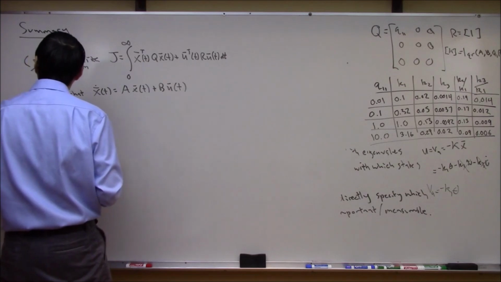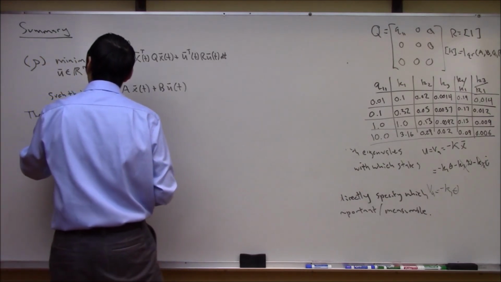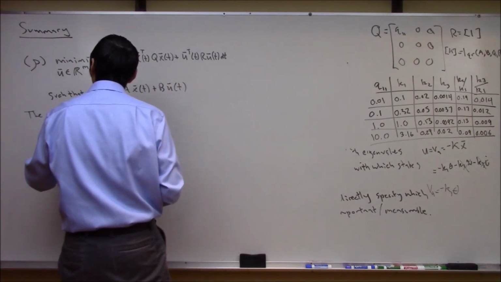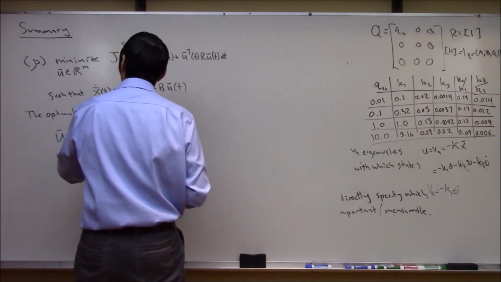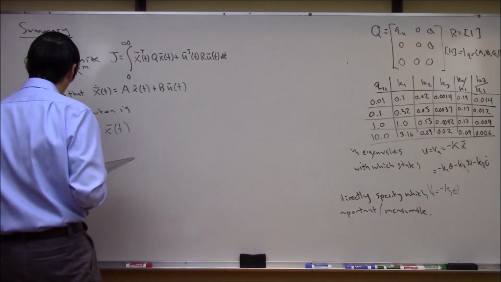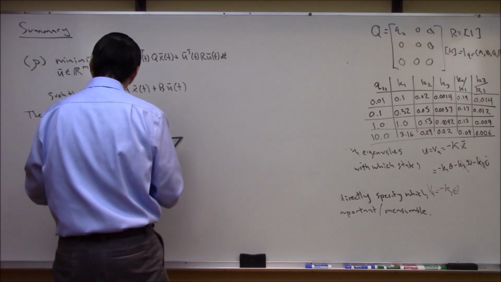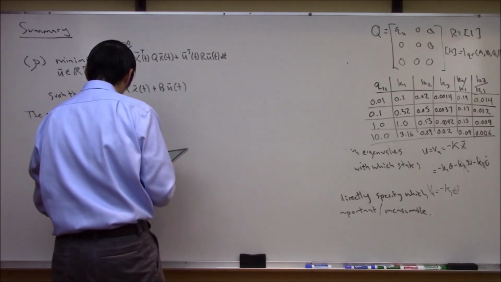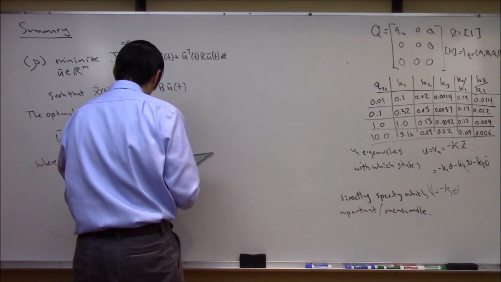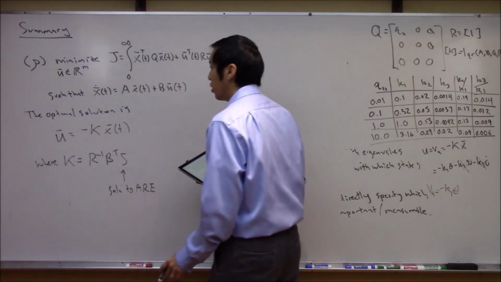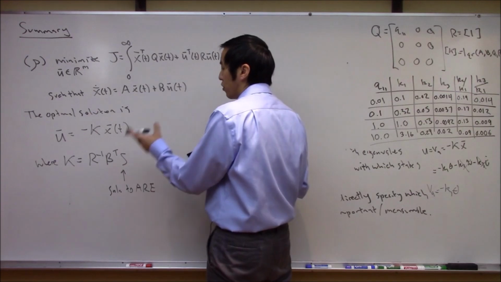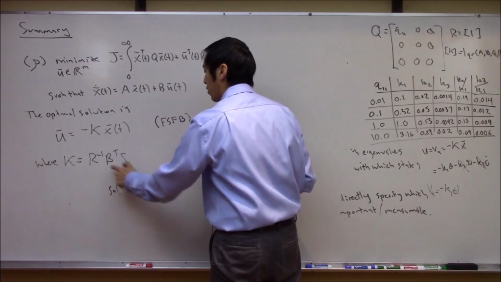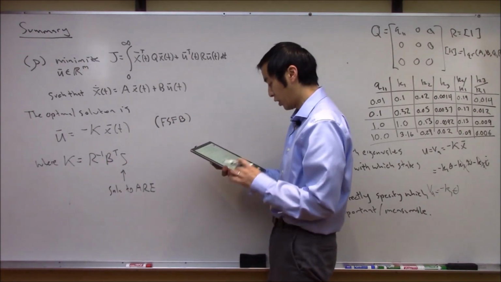So we'll write the optimal solution is this control law, u equals minus kx, where K, right, is R inverse B transpose S here, and S is the solution to the algebraic Riccati equation that we talked about earlier, right? So we saw that the actual solution here is nothing more than a full state feedback controller where K is computed in a very particular fashion here, right?